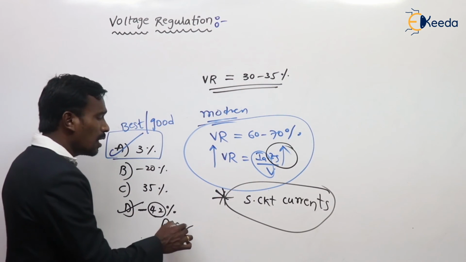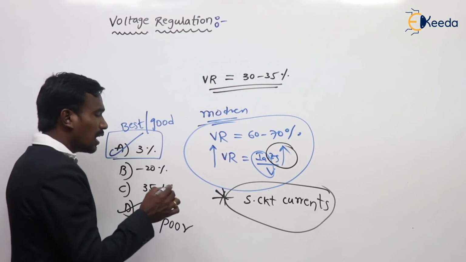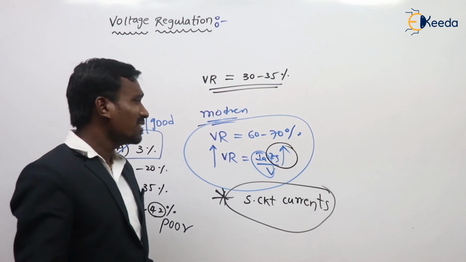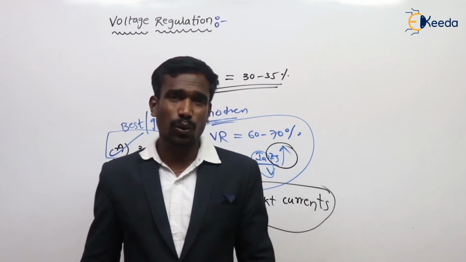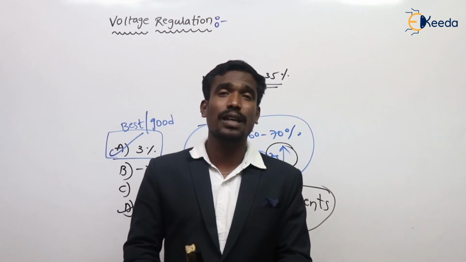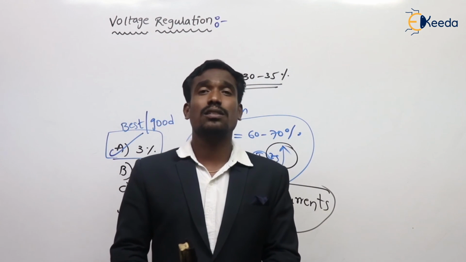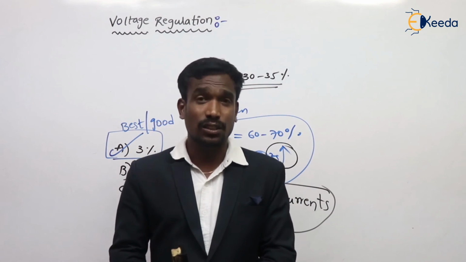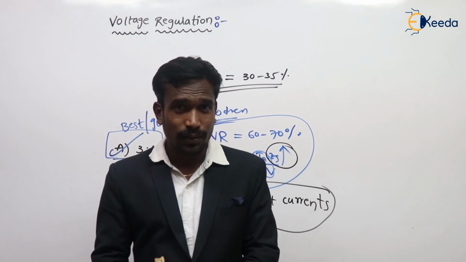That's why this is the poor, or worst, voltage regulation. This is the voltage regulation concept, which is very important. They must ask you a question on voltage regulation. Is it okay? Understood? Thank you.